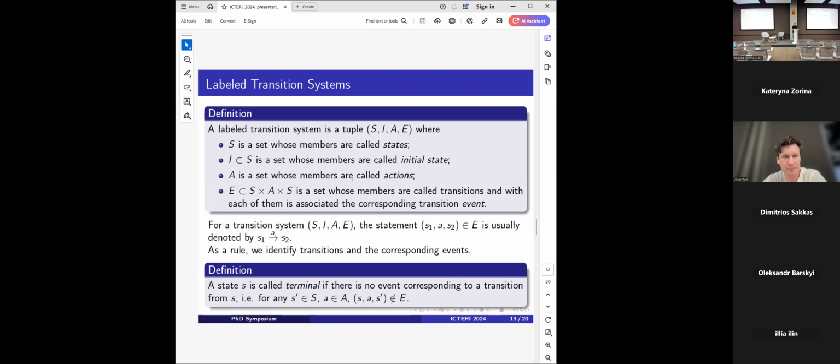Let's discuss the concept of labeled transition systems, often abbreviated as LTS. An LTS is a mathematical model that is particularly useful in specifying discrete sequential processes, which is why it's widely applied in computer science for modeling computations.